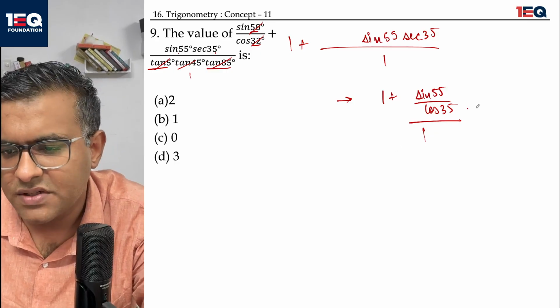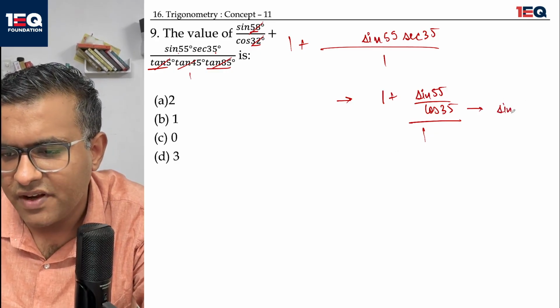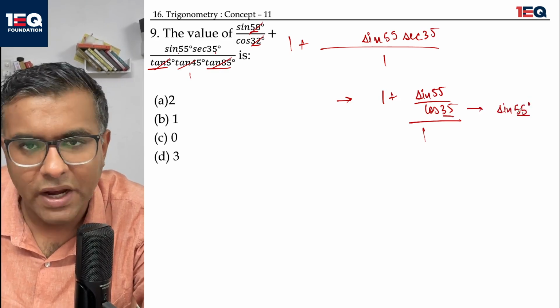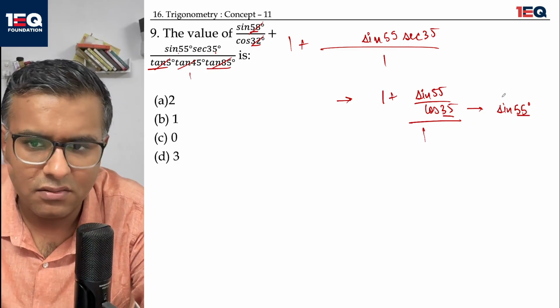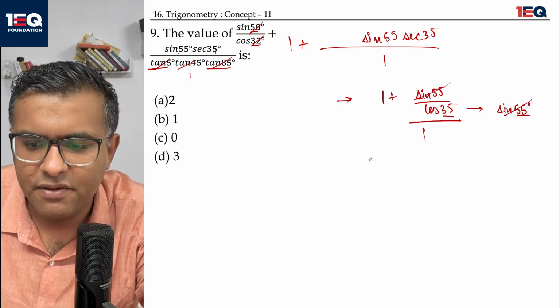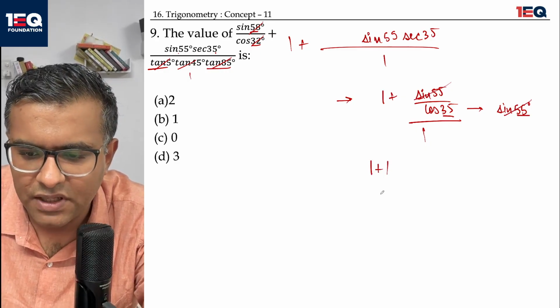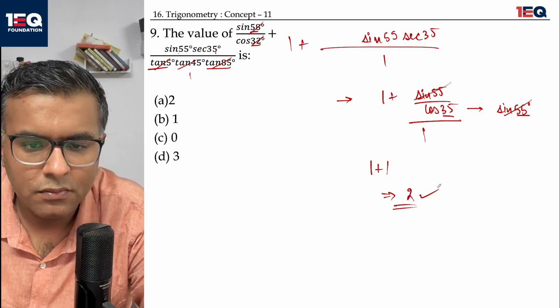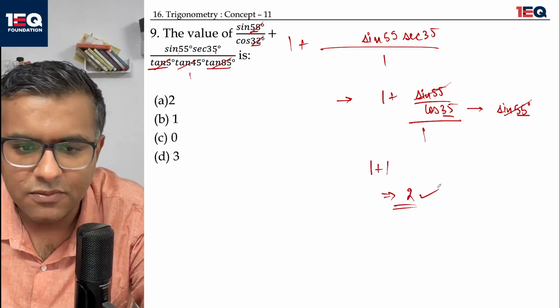So cos 35 can be rewritten as sine 55. Why? Because both of them add up to 90. So at 90, the ratio can change. So sine 55 would get cancelled out with another sine 55, and I would be left with 1 plus 1. And the final answer is going to be 2. Good enough? Let's move on.